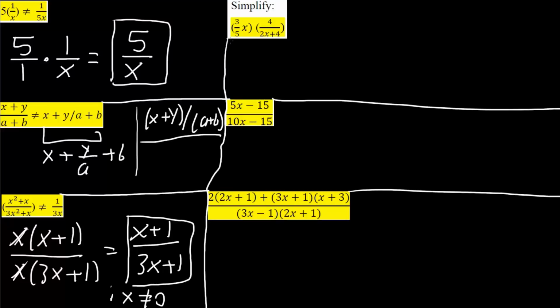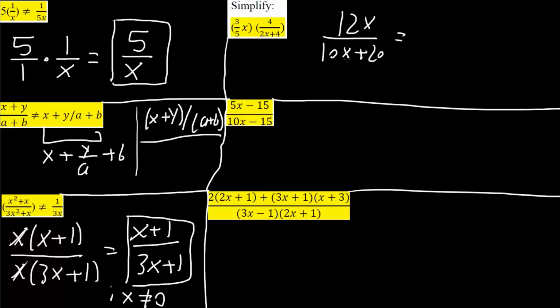And now we will simplify these 3 problems. So we have 3/5 x times 4 divided by 2x plus 4. So we do 3x times 4 would give us 12x. 5 times 2x plus 4 would be 5 times 2x is 10x, plus 5 times 4 is 20.